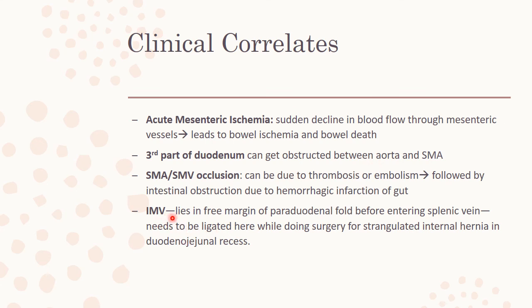The last clinical correlate is that the inferior mesenteric vein lies in the free margin of a paraduodenal fold before it enters into the splenic vein. So sometimes when we are doing a surgery for a strangulated internal hernia in the paraduodenal fossa or in the duodenojejunal recess, we need to open the fold and ligate the vein over here before we can reduce the internal hernia.